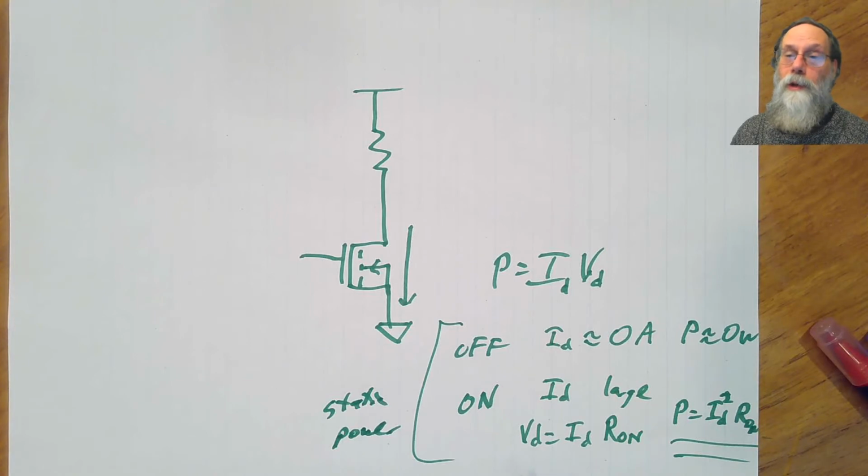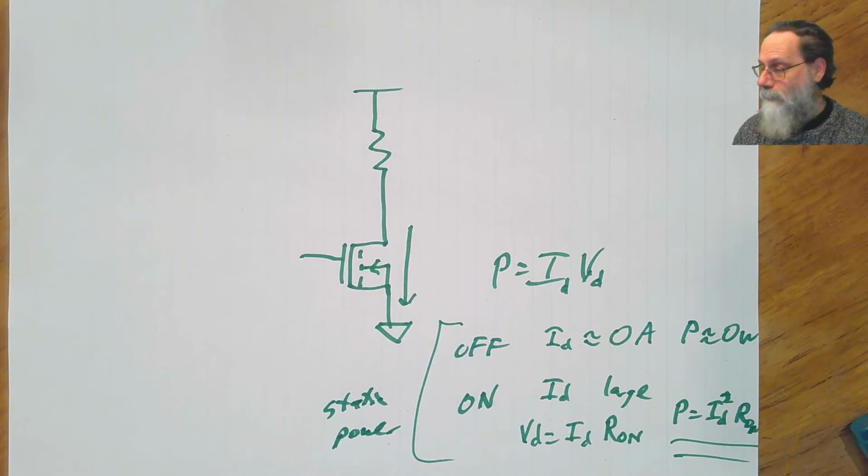You can have something where you only turn it on for a short amount of time. If it's only on for 10% of the time, the average power is only 10% of this peak power. If that was the only power we have to worry about, it'd be very simple to do the designs we need. But there is another source of power that's often as important.